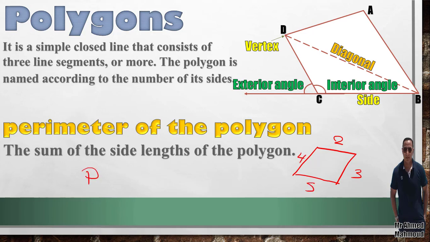So the perimeter equals 2 plus 3 plus 5 plus 4, which is equal to 14 centimeters. So the perimeter equals the sum of the outer sides. Now let's study the names of the polygons.